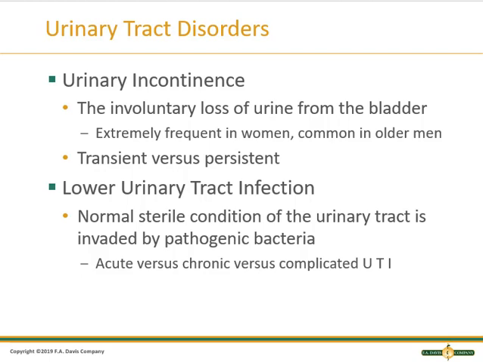A pelvic exam may reveal the degree of pelvic floor strength, and a rectal exam should be done to determine the sphincter tone and if there's the presence or absence of stool that may suggest complications such as fecal impaction. During your physical exam, it's important to assess for CHF, as 50% of patients with CHF do experience incontinence. Testing to further evaluate this would include urinalysis and a culture and sensitivity.